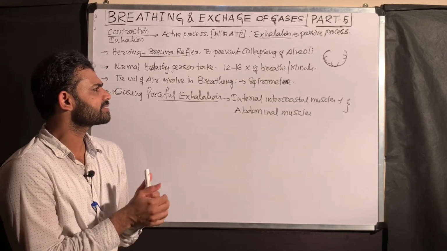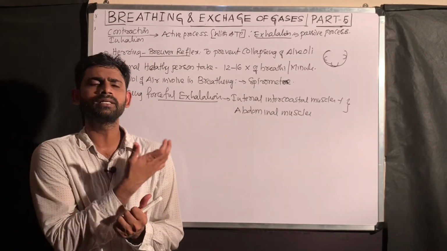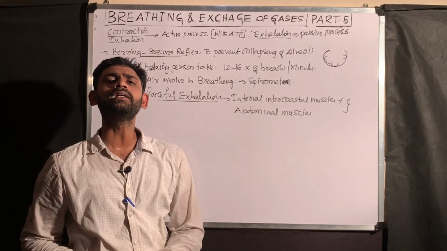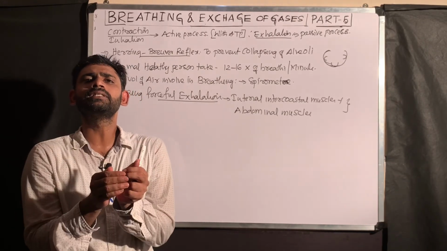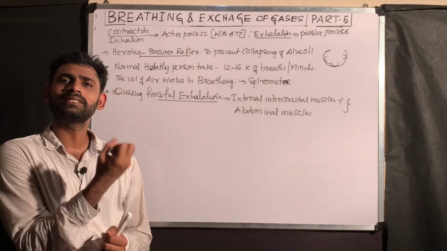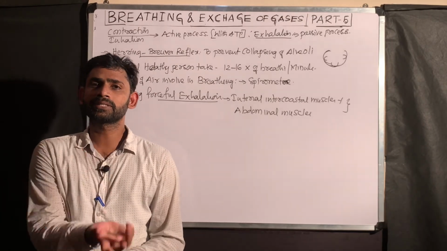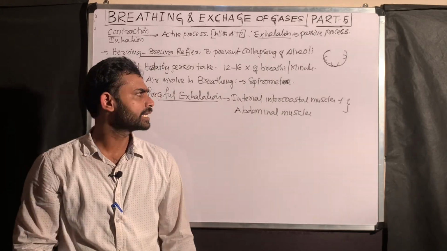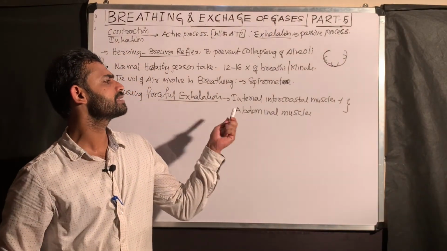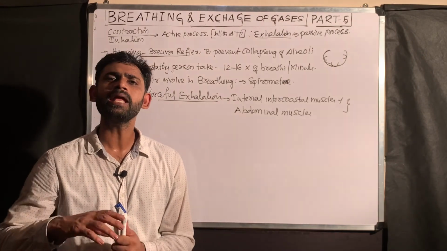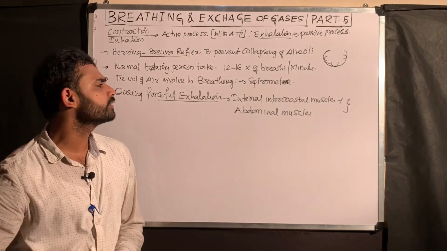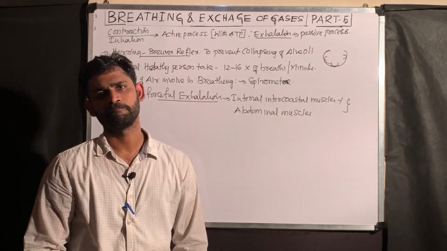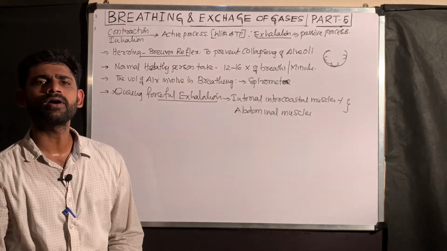When these muscles contract, the thoracic volume decreases. When the thoracic volume decreases, the pressure within the lungs increases. When the pressure increases, the air forcefully comes out. That is why the internal intercostal muscles and the abdominal muscles play a role only during forceful breathing or forceful exhalation. This is about the process of breathing.